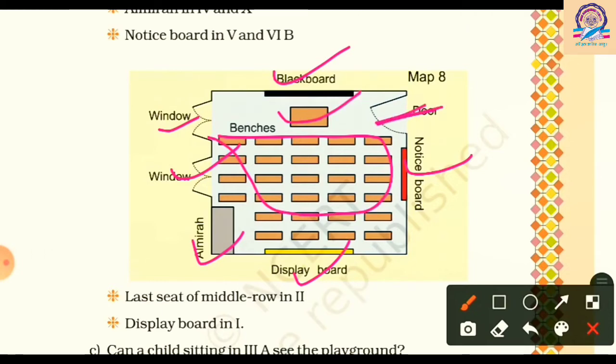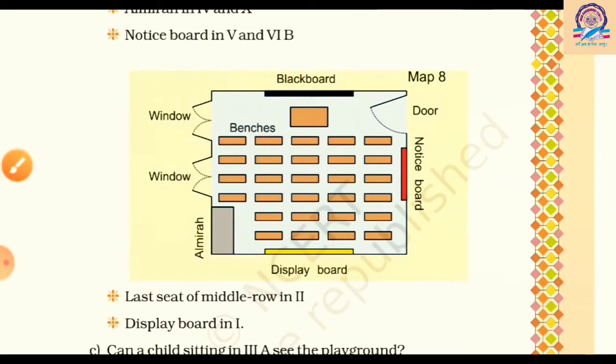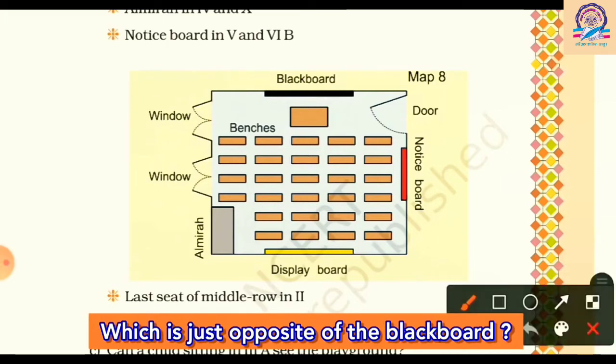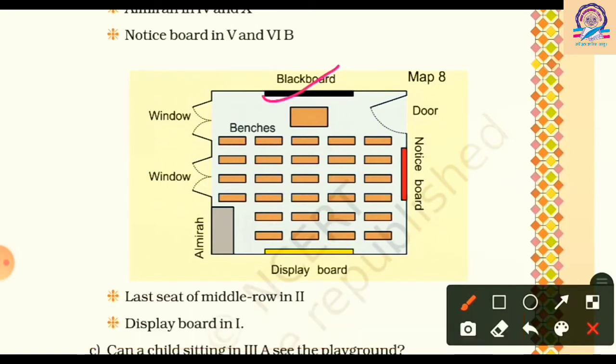So each classroom must consist of this many things. Now based on this there are some questions, out of which the first question is which is just opposite of the blackboard. As you can see in the map, the blackboard is there and exactly opposite to the blackboard is the display board.